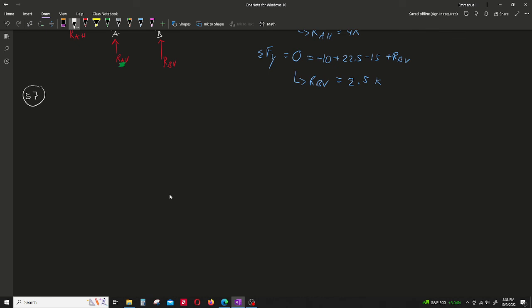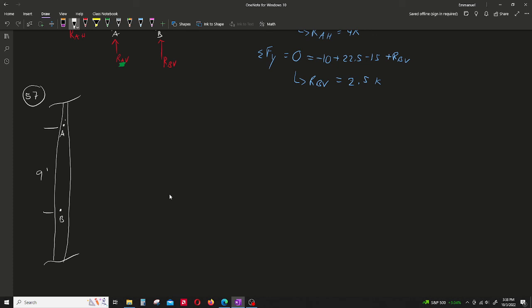So let me just draw this here real quick. One thing that I'm noticing about this problem is that we really don't need to draw the entire thing. I'm going to draw the entire thing anyway. They've got this thing here, they've got B here, they've got A here. They've got a distance from A to B of 9 feet.